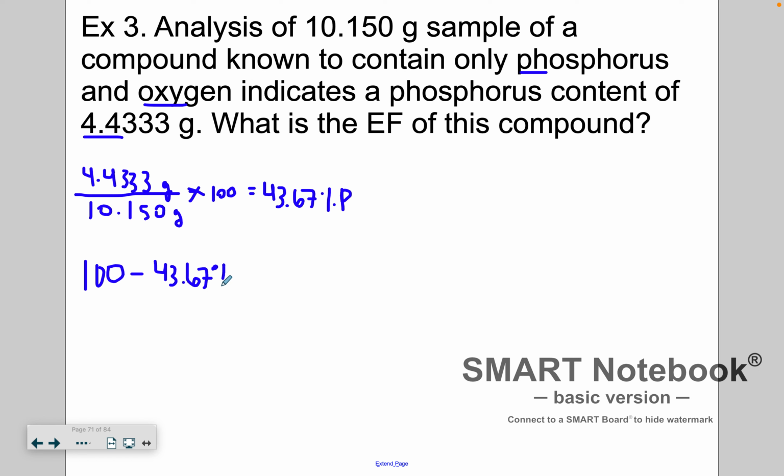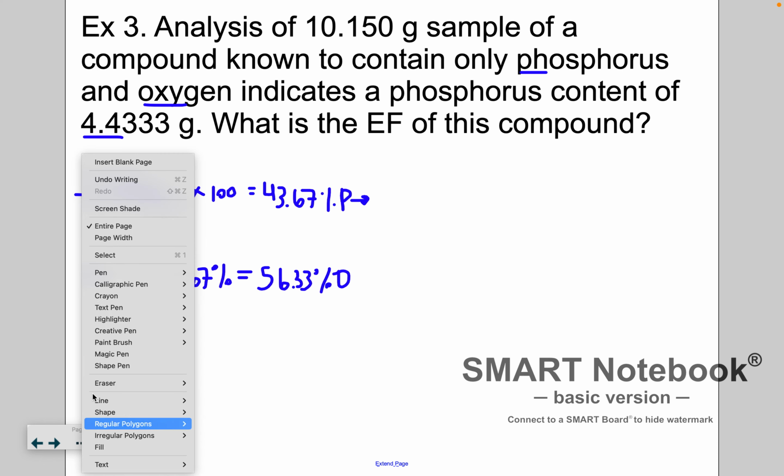I don't like the way I wrote my percent. I'll do this. 56.33 percent oxygen. Okay, now I can just jump right into it. Okay, assume grams.